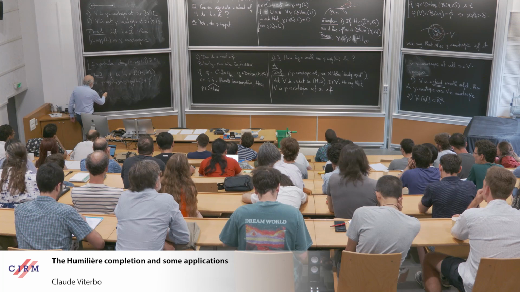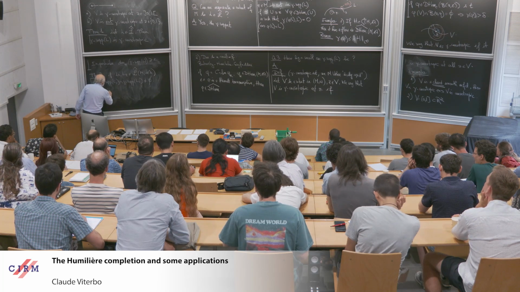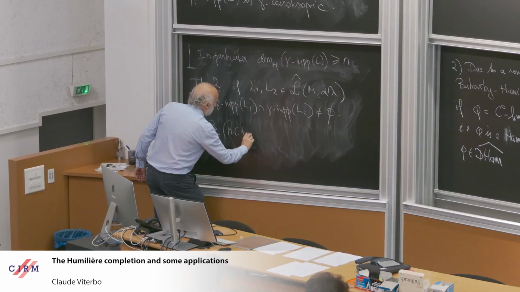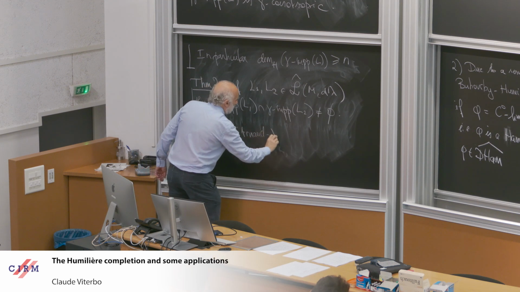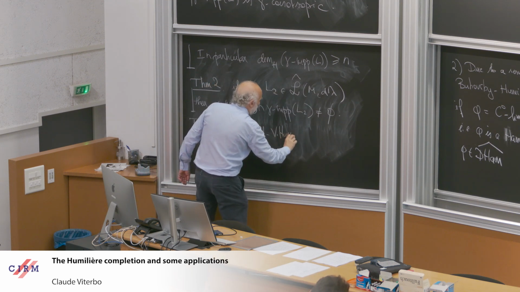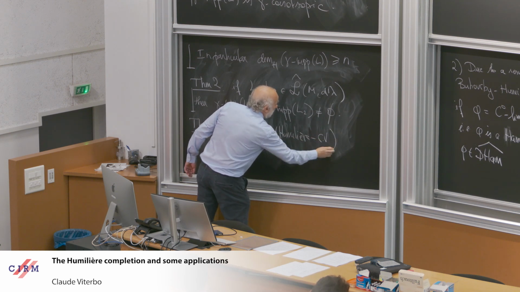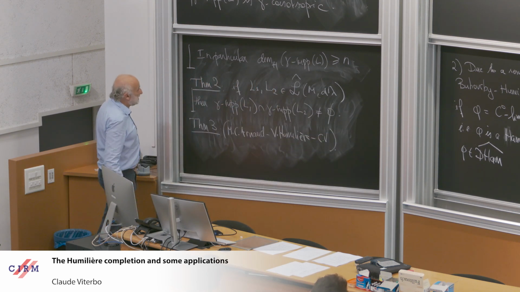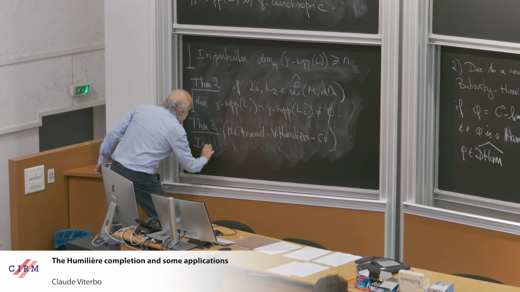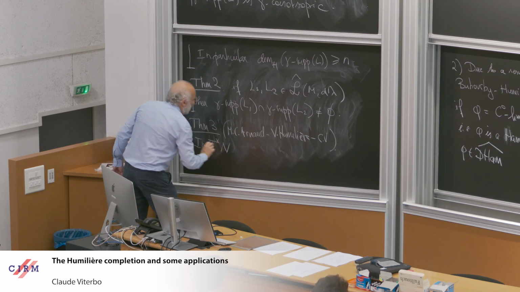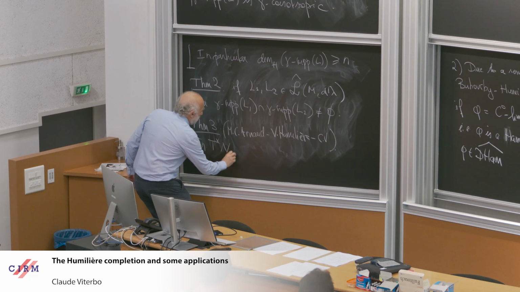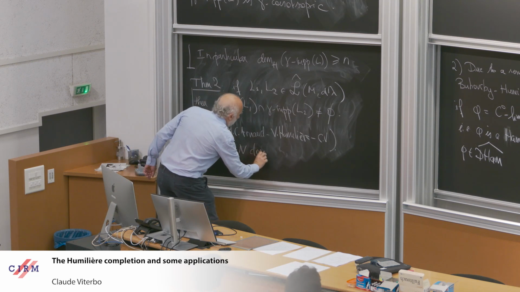So theorem 3, so this is joint work with Marie-Claude Arnaud, Vincent Humilière, and myself, is that in T star n, so you can do that in the cotangent bundle for n closed. Okay. So T star n is not closed, but n can be closed.